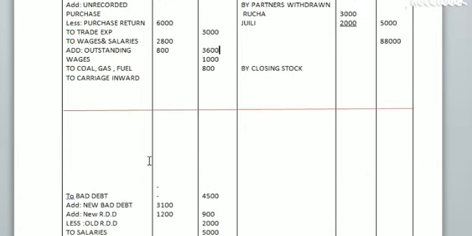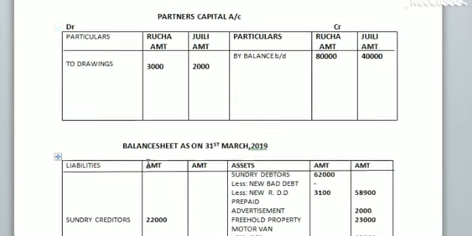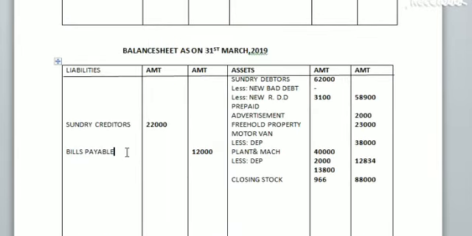And the second effect of this will come in balance sheet, outstanding wages. Amount will come in outer column here, 800 rupees.